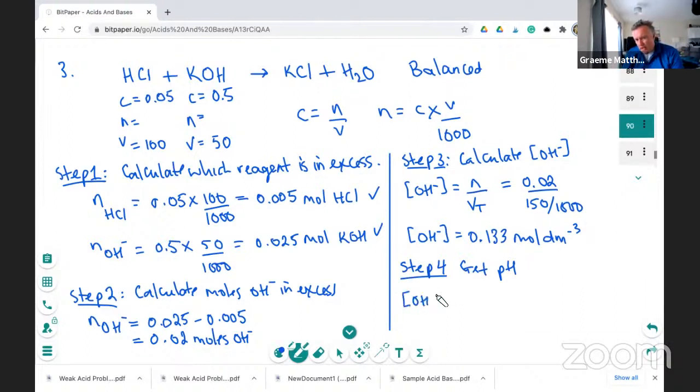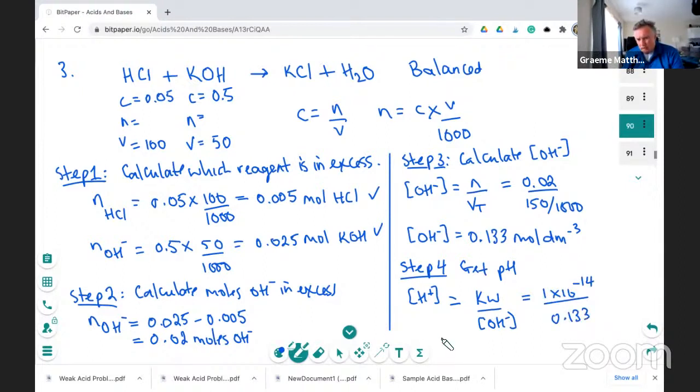You can say the H plus concentration is Kw over the hydroxide ion concentration, which is 1 times 10 to the minus 14 over 0.133.